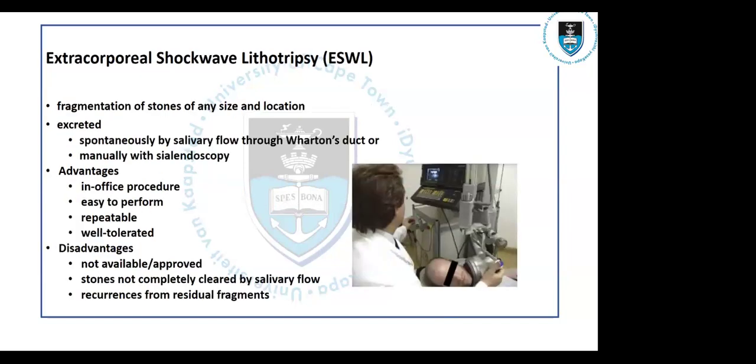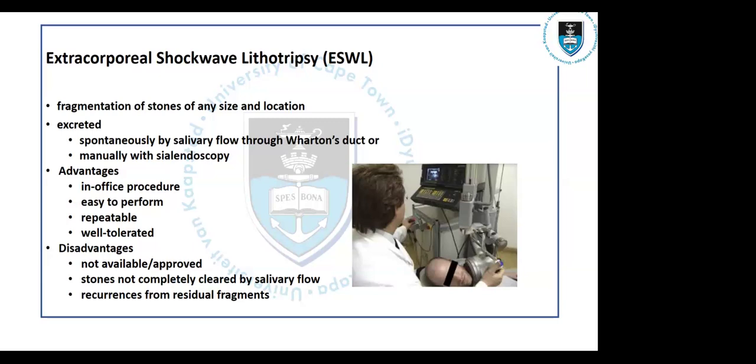Extracorporeal shockwave lithotripsy is a technique that permits fragmentation of stones of any size and location, which are then excreted either spontaneously by salivary flow through Wharton's duct or manually with sialendoscopy. Since it is performed as an in-office procedure, it offers several advantages over other interventions, in that it is easy to perform, repeatable and well tolerated.